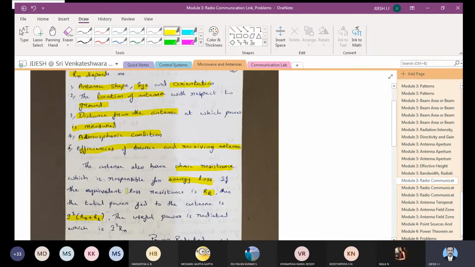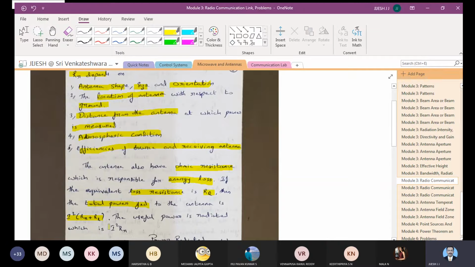The useful power radiated is I square RR.